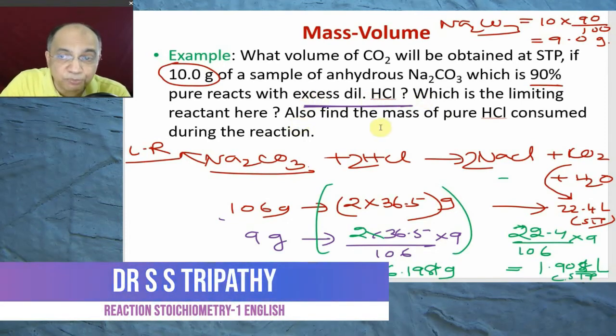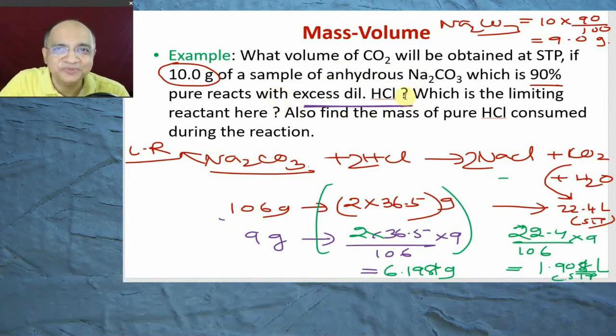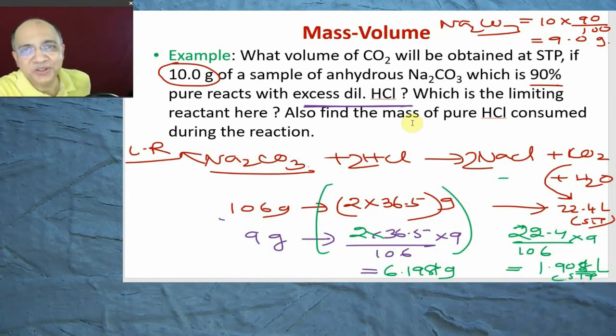Also find the mass of pure HCl. Why is it written here? Because you have taken an aqueous solution of HCl, right? But I want to know the mass of pure HCl consumed during the reaction, because it's not solutions stoichiometry. We are very systematically evolving the topic.